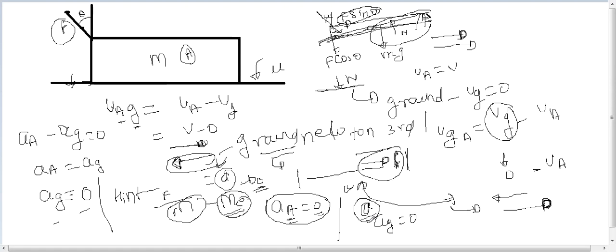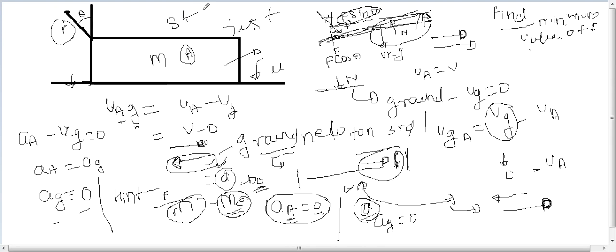Okay, so the question is: find the minimum value of F so that this block A just starts moving.